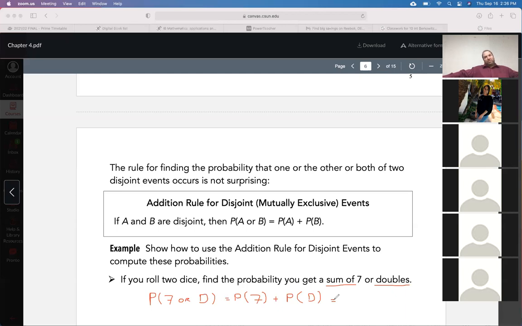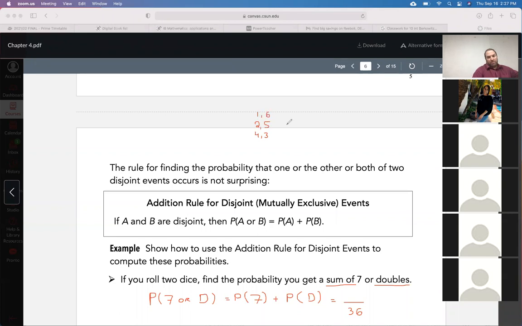Of those 36 outcomes, how many give you a 7? Is it 3 or 6? 3, I think. Okay, well, tell me which 3, and then we'll see if we can find others. There's 4 and 3, 2 and 5, 1 and 6.